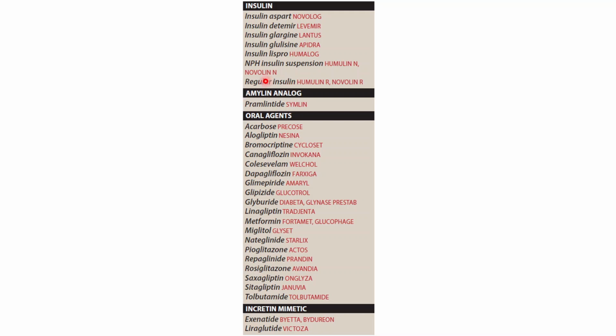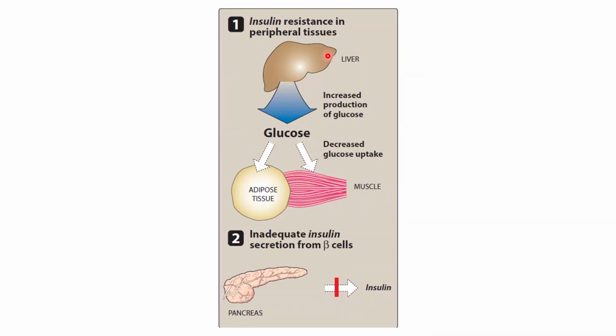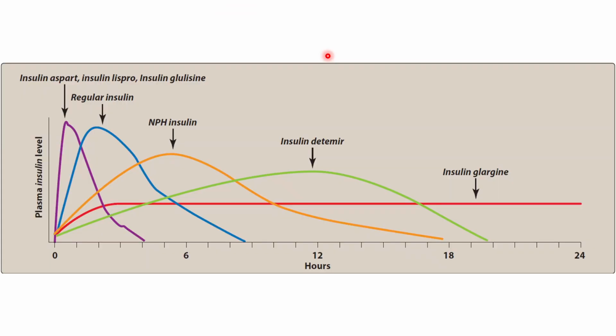Besides the normal insulin, there are short-acting insulins like insulin lispro, glulisine and aspart. So these are three insulins that are short-acting, and they act fast. Aspart, lispro and glulisine are in violet color here.